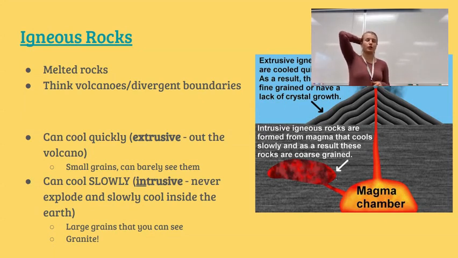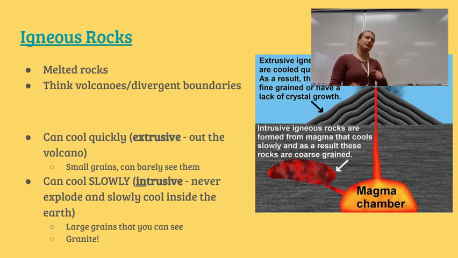And igneous rocks can cool in different ways. So if the magma comes shooting out of a volcano, it's going to cool really quickly because relative to the middle of the earth and around all the other magma, the air is much, much colder. So it cools really fast.